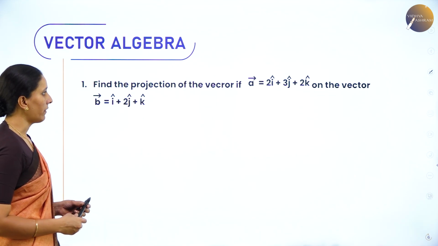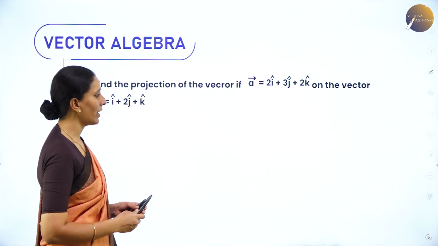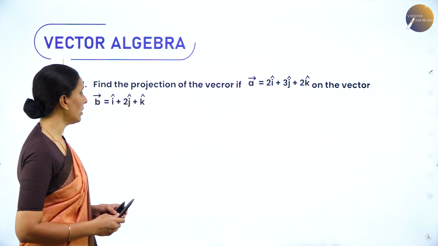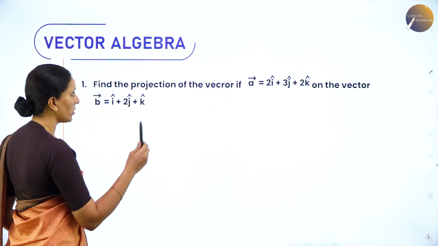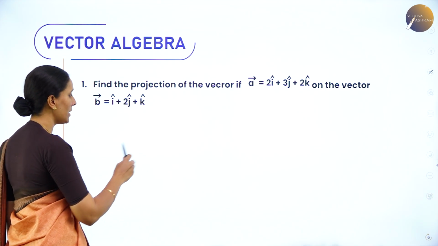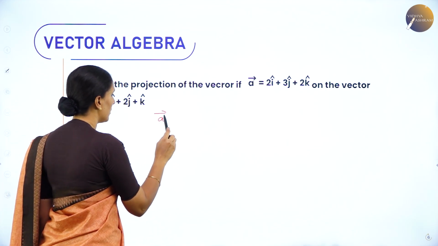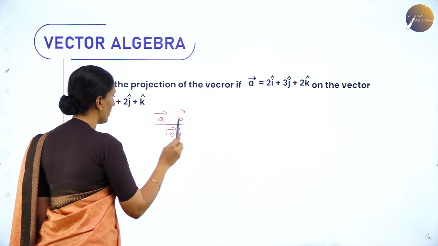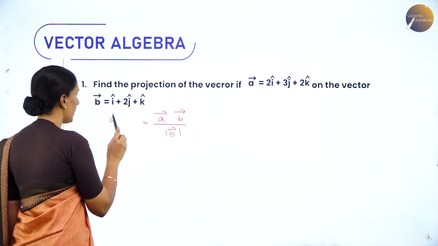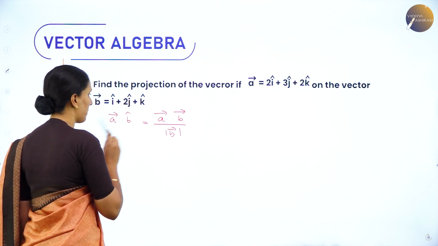Find the projection of the vector A, 2i plus 3j plus 2k, on the vector B, i plus 2j plus k. So projection of vector A on vector B is given by A dot B divided by magnitude of B, which can also be written as vector A dot B cap.